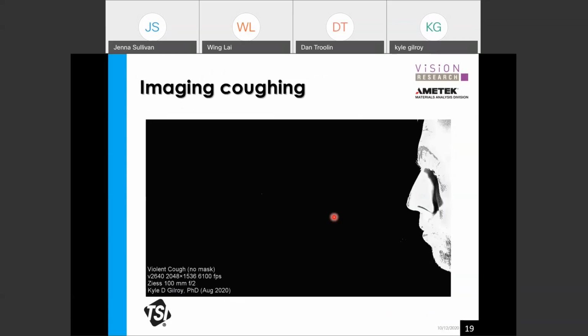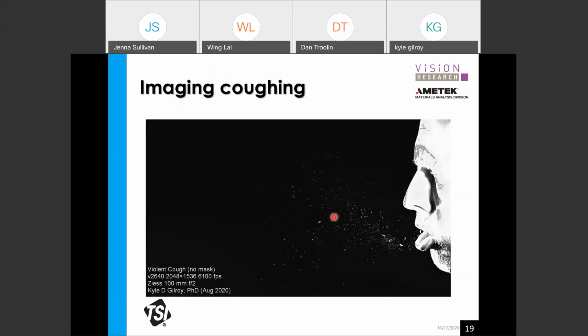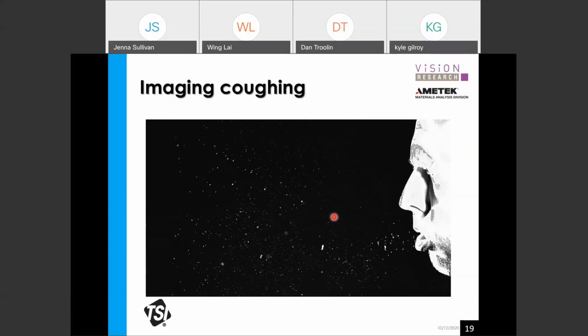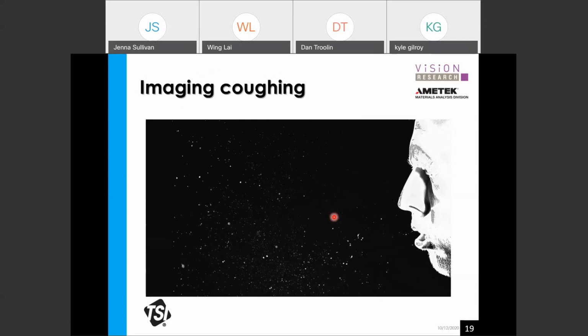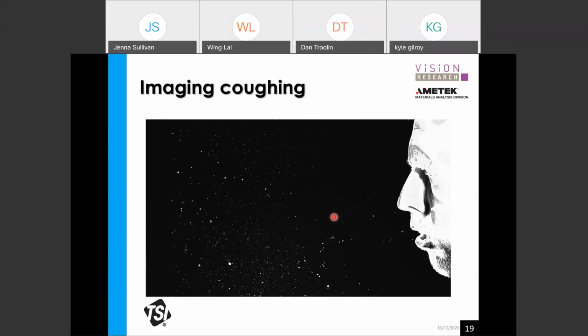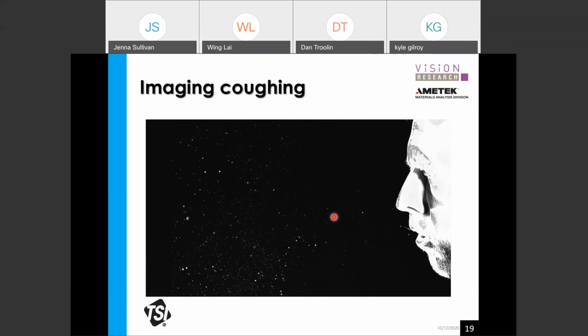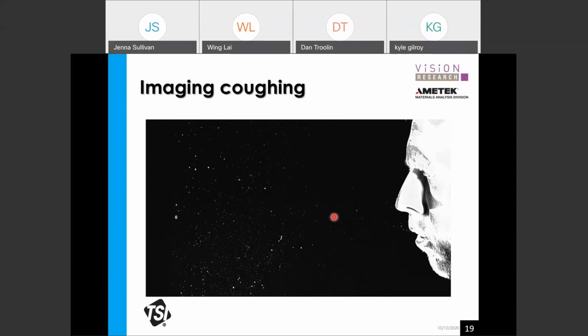We would like to show an example of imaging of a person coughing. Kyle, do you want to describe that a little better? Yeah, this is an example that we did. It was taken with our most recent camera, the Phantom V2640, a camera that can do 6,600 frames per second at 4 megapixel resolution.